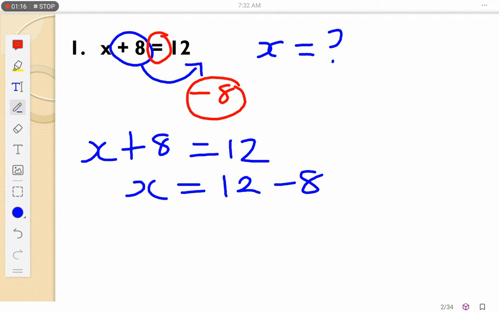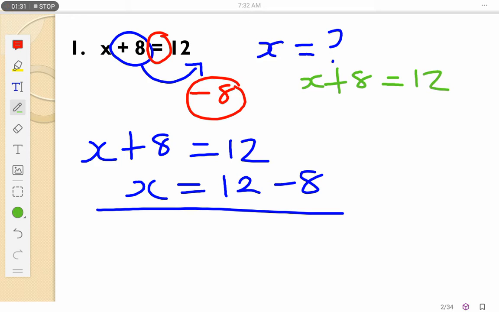Okay, someone may ask, why are we doing this? Well, the easiest way that I can even explain this is this. I've got x plus 8 is equal to 12. To remove this 8 this side, I'll subtract 8 then. So I'll have x plus 8 minus 8 is equal to 12 minus 8.